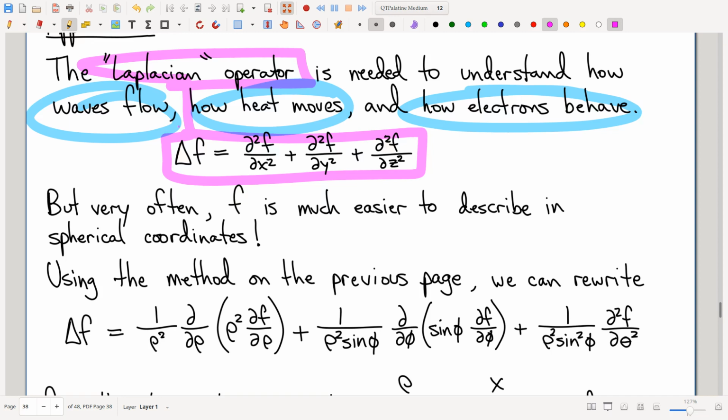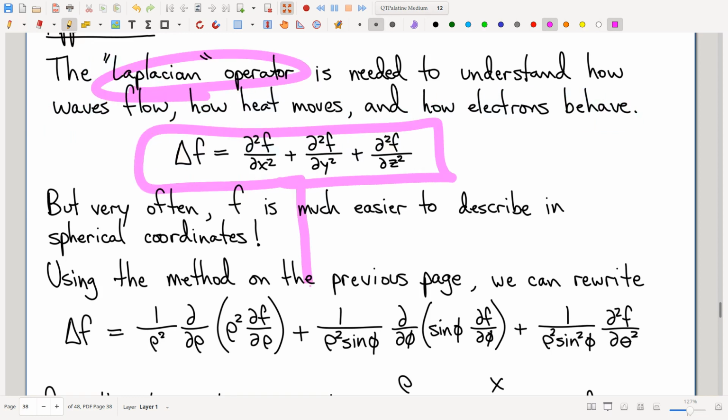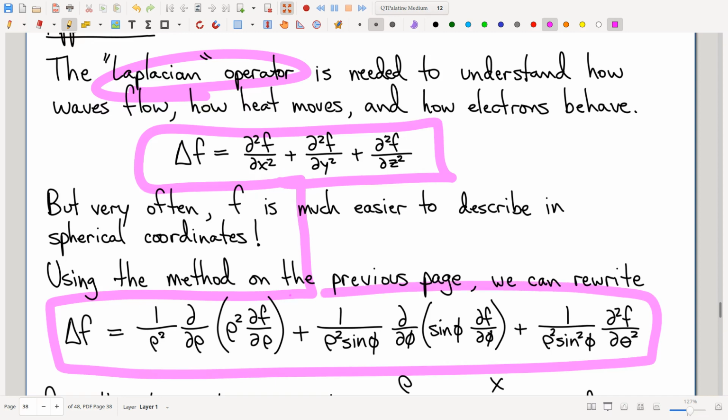Okay. Anyway, the Laplacian operator is a really big deal in physics, and it turns out the Laplacian here can be rewritten in spherical coordinates like this. And I'll say a quick word about why momentarily. First, I want to recognize this does not seem to be a particularly helpful observation, right?